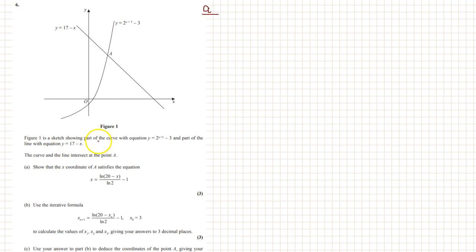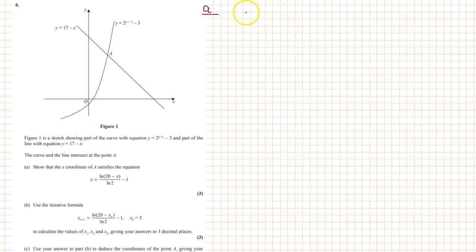This is the sketch of the curve and the straight line intersecting at A. Show that the x coordinate of A satisfies the equation. So they are intersecting, so solve by using simultaneous equation.